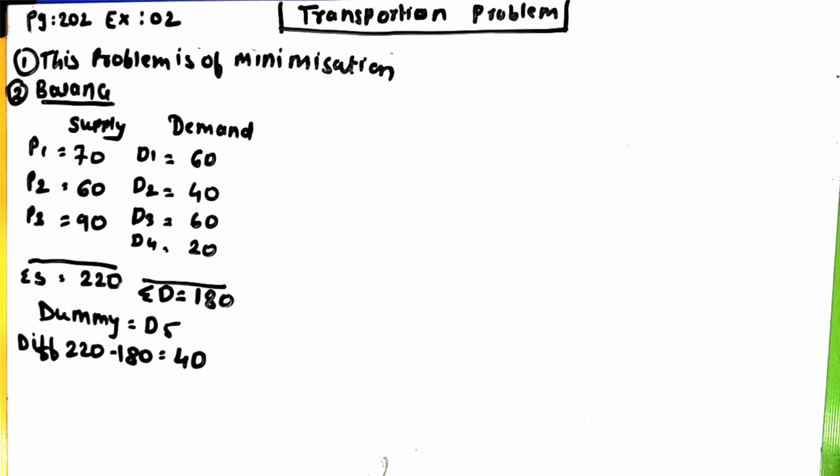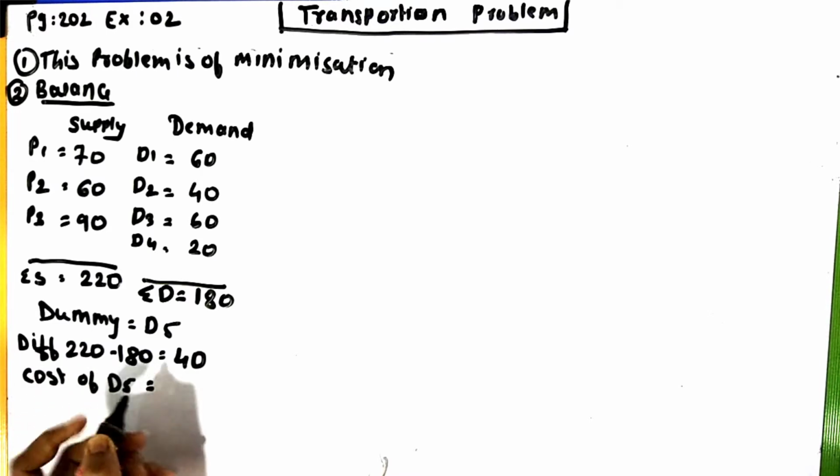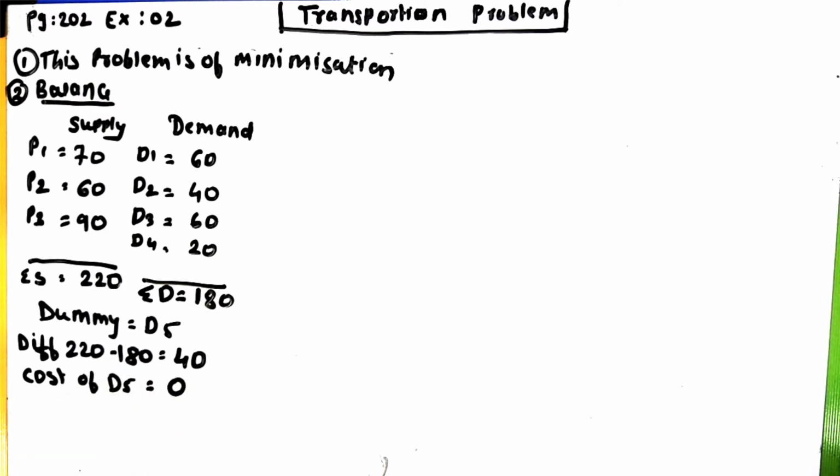And the cost of the dummy we are going to consider as 0, so the cost of D5 is going to be 0. As we have considered the dummy, we have made it balanced. So let me start further for finding the transportation table and the initial feasible solution with the help of the least cost method.